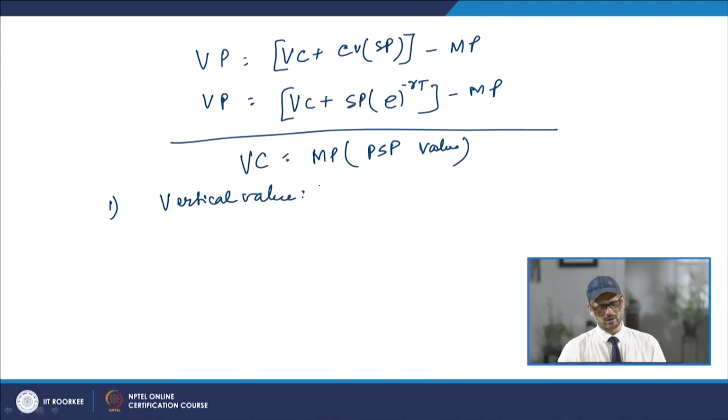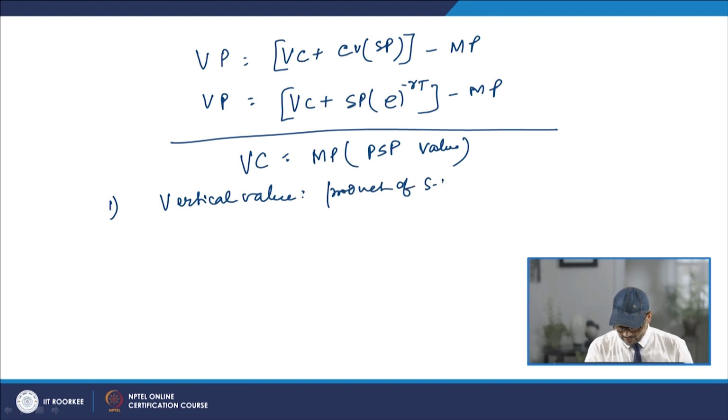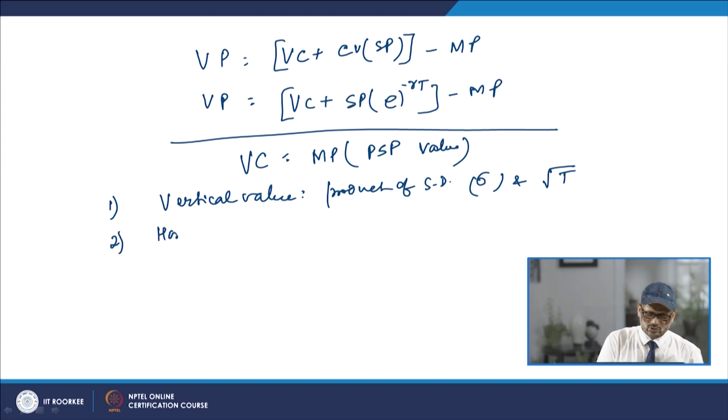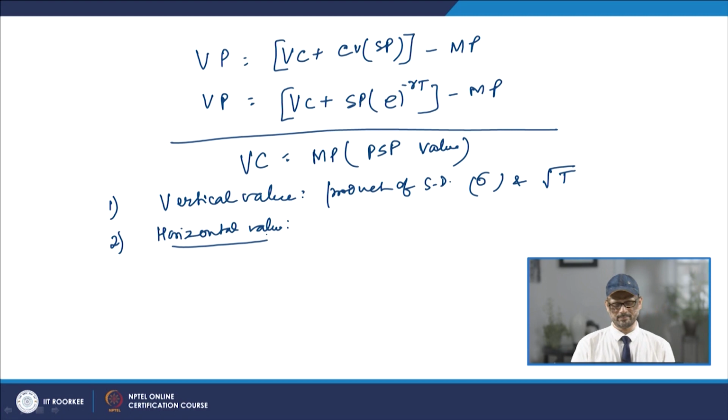For the vertical value, you take the product of the standard deviation, sigma, and root t, the square root of the maturity time. The horizontal value is calculated by dividing the market price by the current value of the strike price.